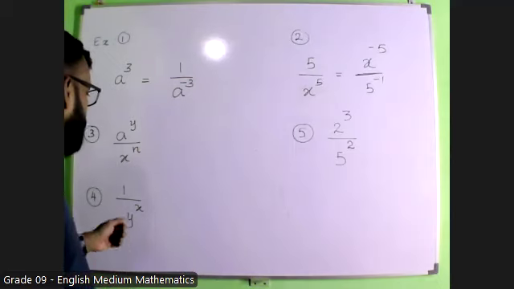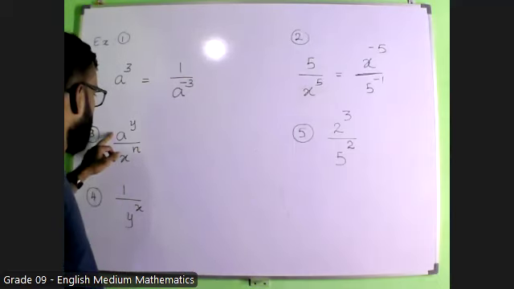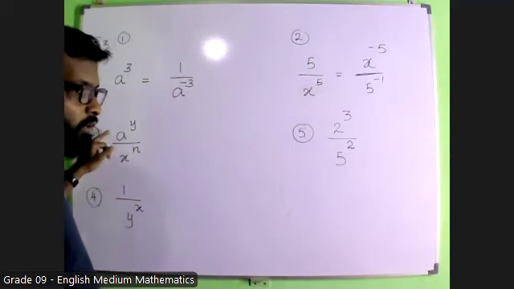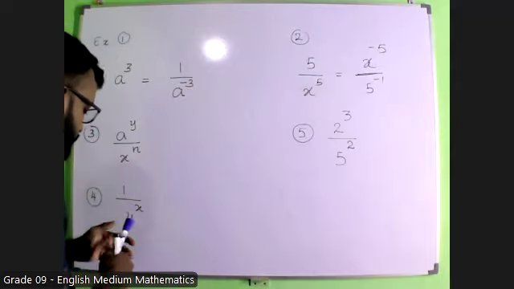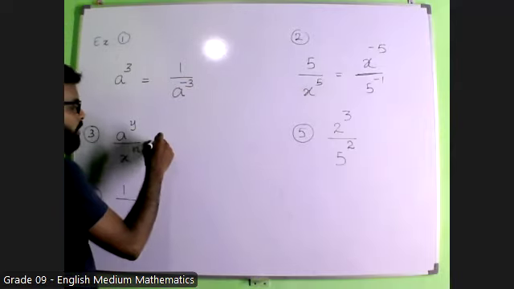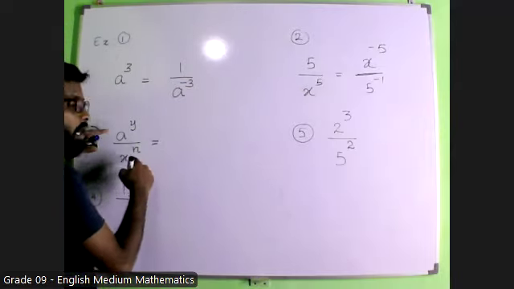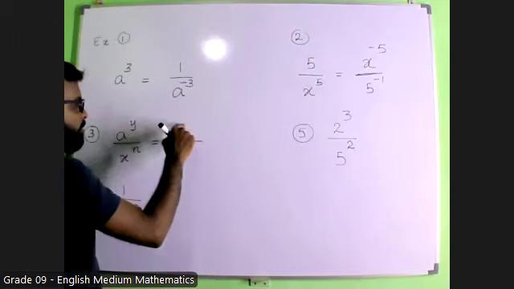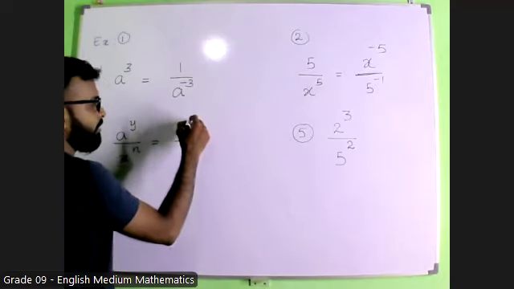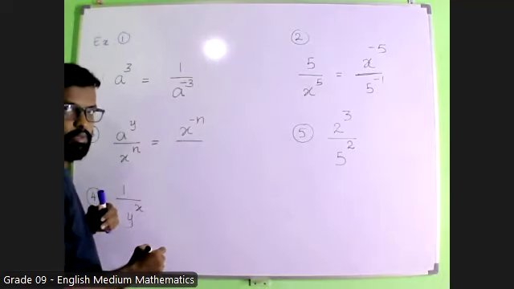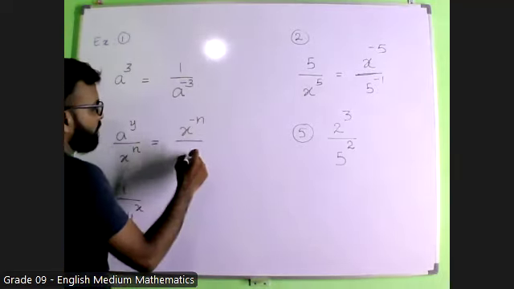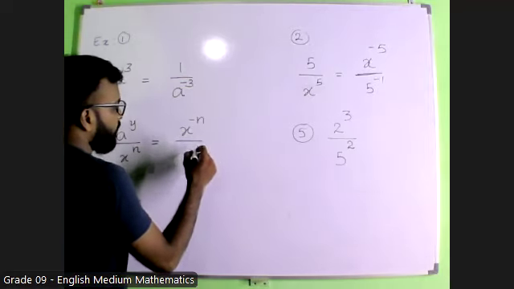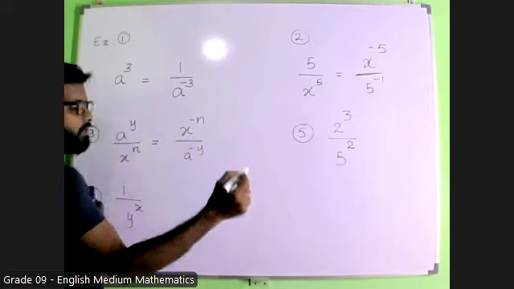So now this one, I'm going to do this one. Here what you have to do is get the reciprocal, upside down. So x comes to the numerator and a to the power y becomes minus.